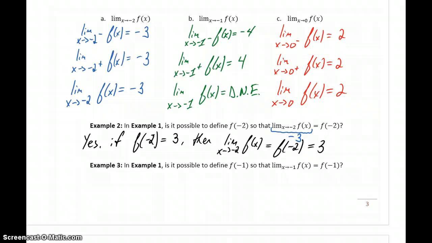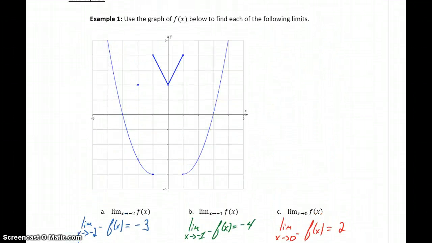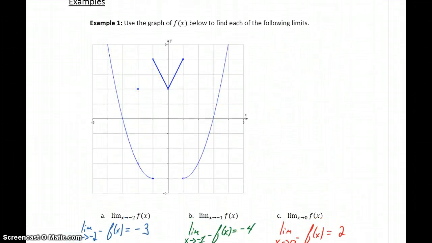In example 3, we're asked similarly, is it possible to define f of -1 so that the limit as x approaches -1 is equal to f of -1? At x equals -1, our function value is defined as -4.